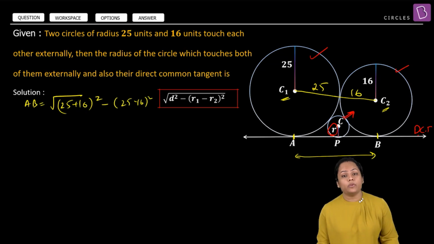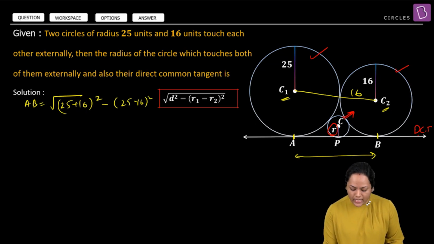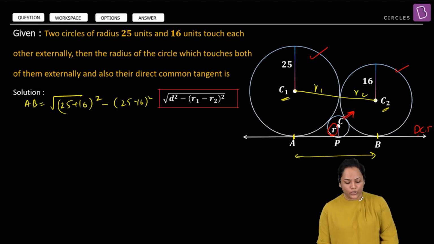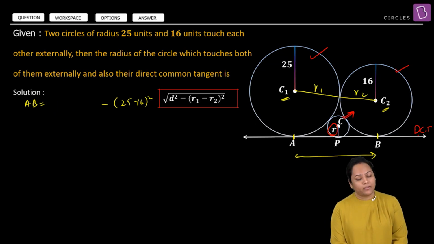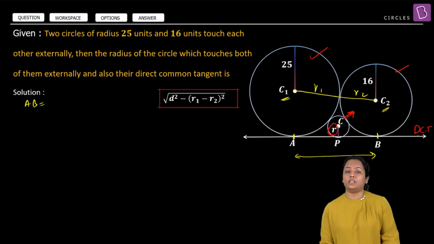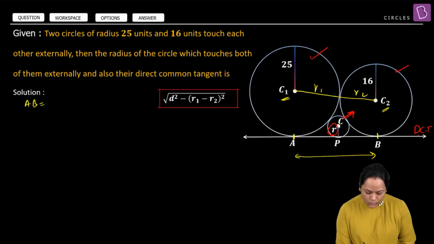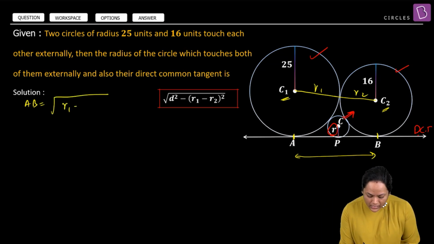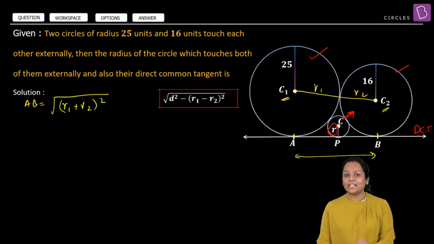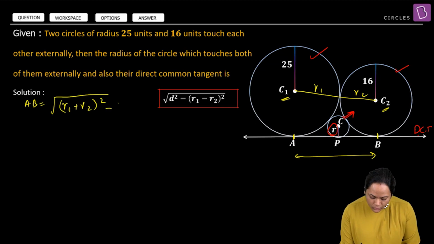Or let us say we take these as variables r1 and r2 only, and I'm trying to get the general formula for the length of the direct common tangent. So in this case, it will become (r1 plus r2) whole square, that will be my distance between centers, isn't it? Minus one more thing, that is (r1 minus r2) whole square.